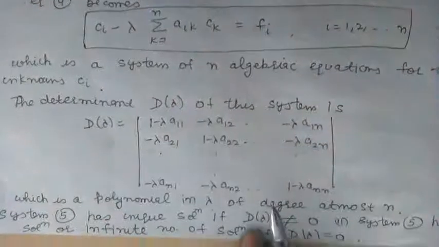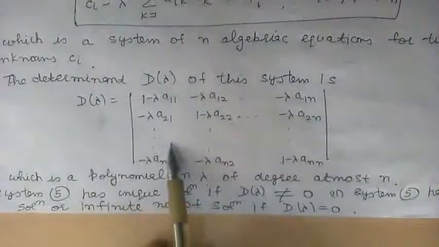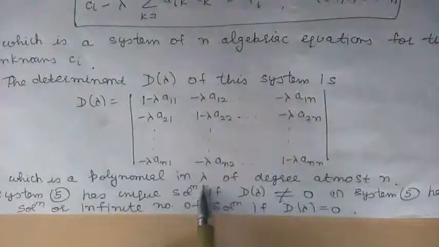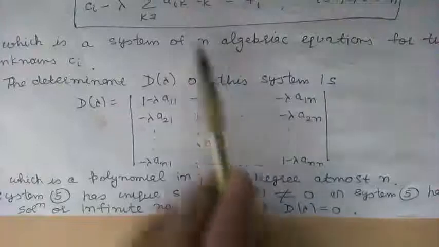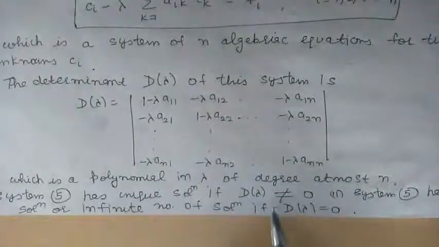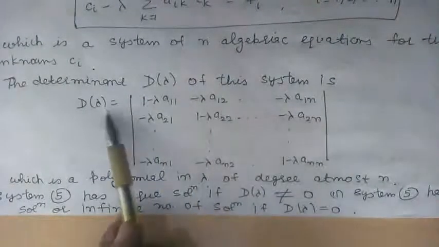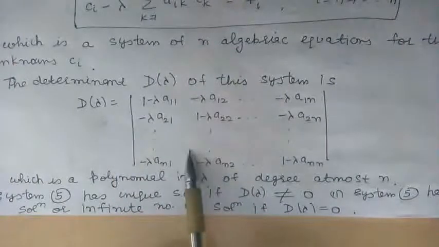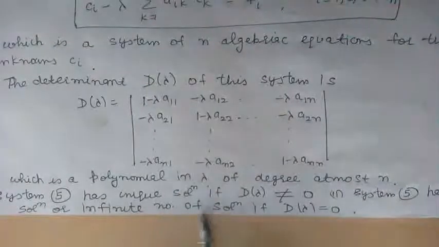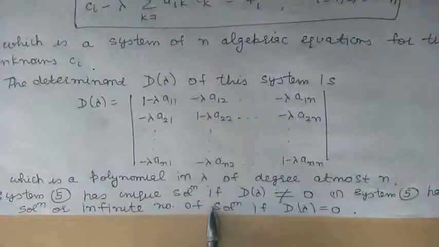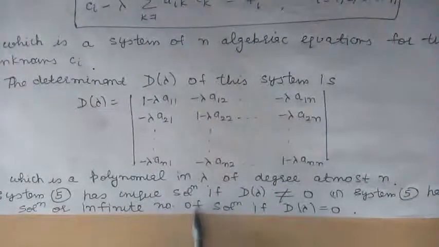Now if we expand this determinant, it is a polynomial in lambda and its degree is at most n. That algebraic system will have a unique solution if this determinant is not equal to 0. In general, if the determinant of this system is 0, we have two possibilities: either there will be no solution or there will be an infinite number of solutions, which we will discuss later in the Fredholm alternative theorem.